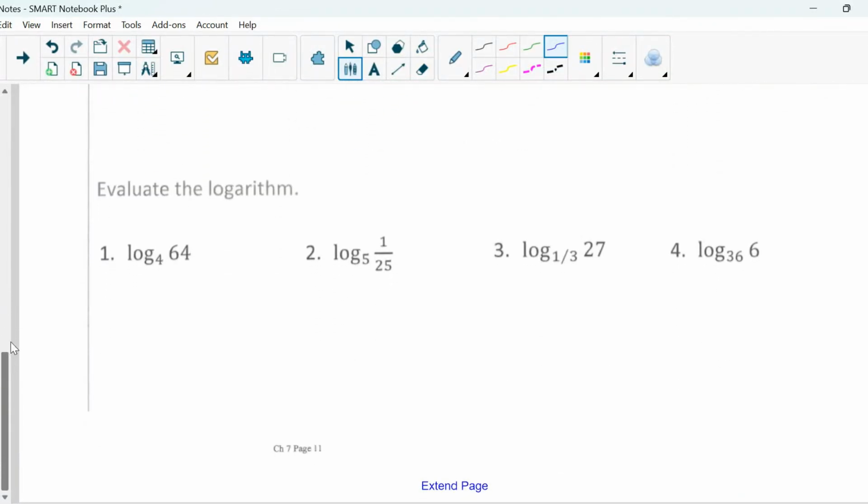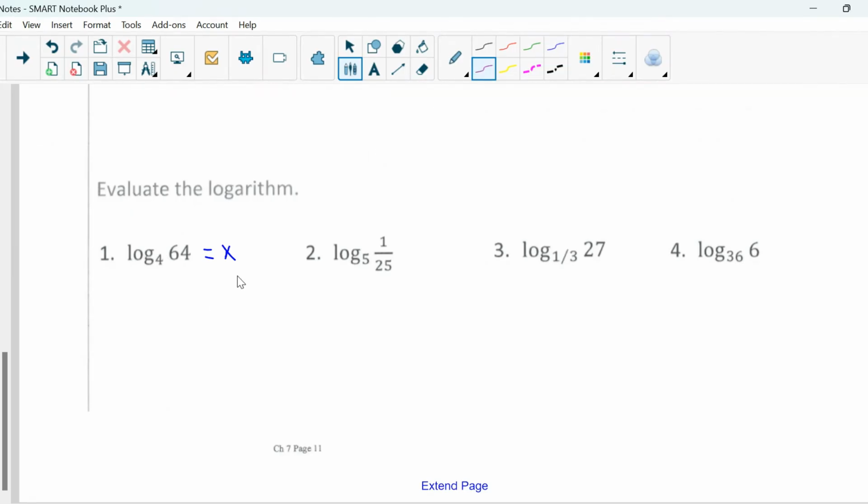Okay, next we're going to evaluate a logarithm. Whenever you evaluate a logarithm, you want to set it equal to x. So I have log base 4 of 64 equals x. We're going to figure out what this logarithm equals.